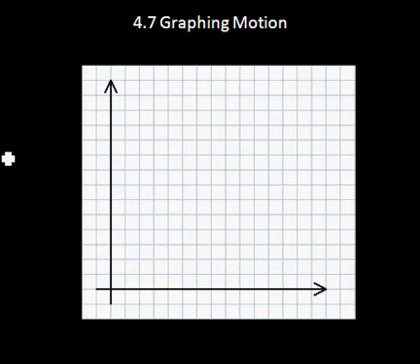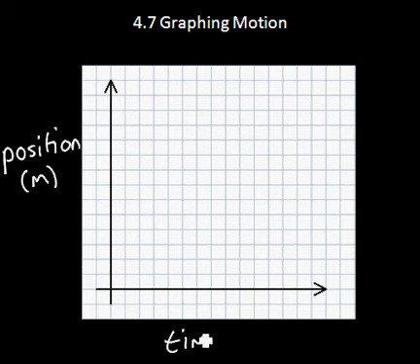So if we start with position, which is measured in meters, and on the other axis, time, which we normally measure in seconds. Time is always going to be on the horizontal axis, no matter what.